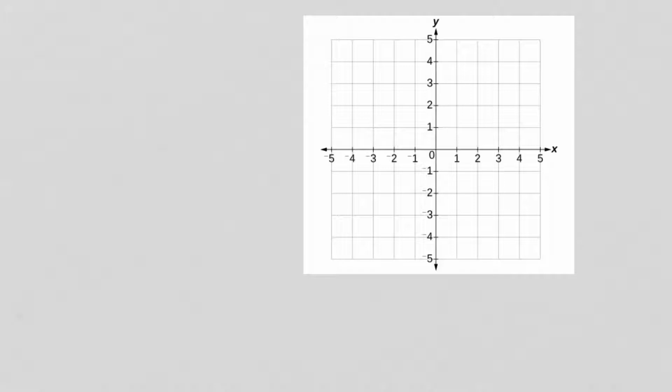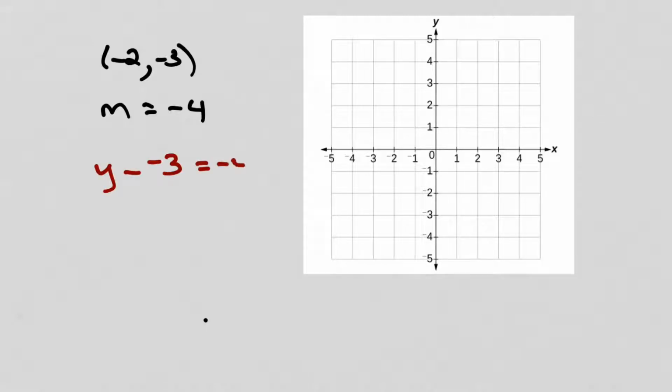All right, so in this particular example, let's say that we are given the point (-2, -3), and we are given a slope of -4. Okay, so to get the equation for this particular line, it would be y minus my y value of -3 equals my slope times x minus the x value of -2.